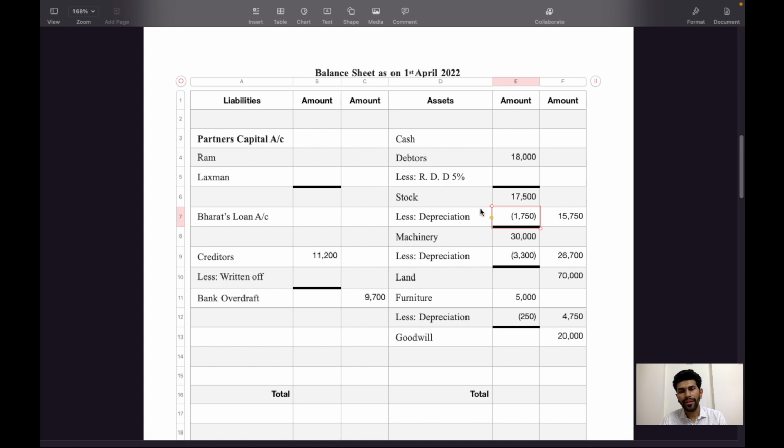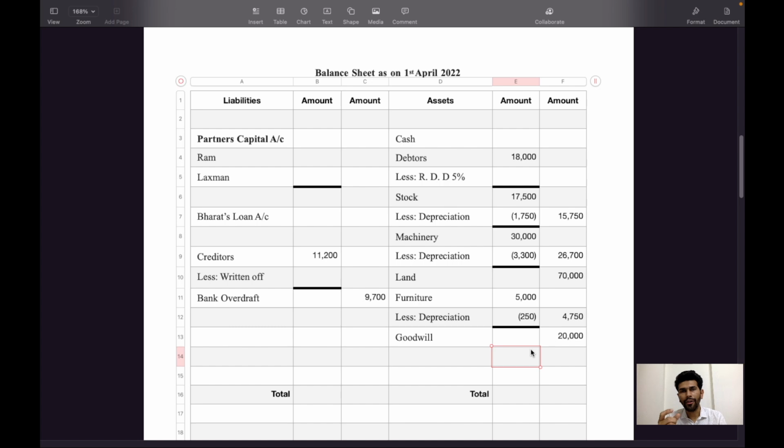So the adjustment is reduction in value of stock, furniture and machinery. We will reduce the amount from the respective assets, and second will be on the profit and loss adjustment account debit side, because the value of assets is decreasing.